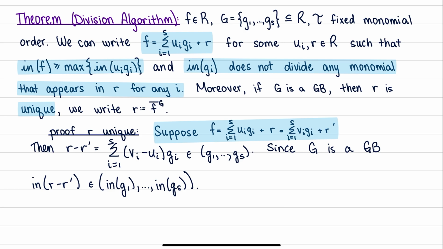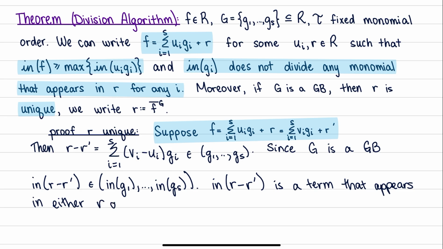Now, if we think about how subtracting polynomials works, the initial term of r minus r prime is a term that appears in either r or r prime. I guess it could be both. It could be that they both had it, but different coefficients and it didn't cancel. But either way, it's in one or both of r or r prime.